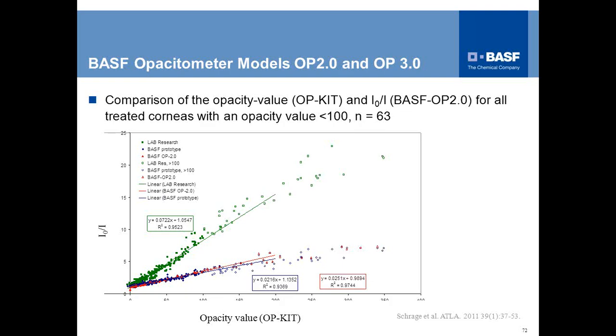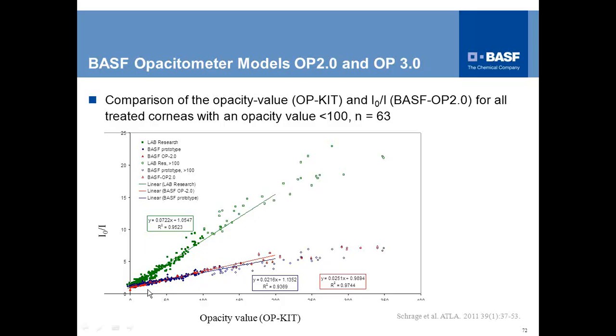On this rather complicated looking slide, we have compared the opacities obtained with what we assumed as a standard opacitometer and our instruments. The different colors are the different instruments that have been used. In all cases, we can see a rather linear relation between the two instruments.